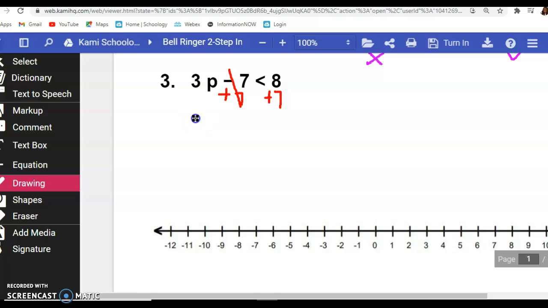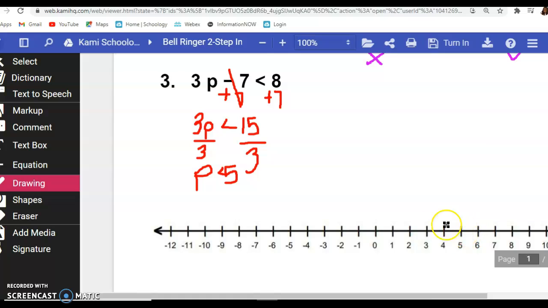So we know that these cancel, and we're left with 3p is less than 15. Okay? So we're going to divide both sides by 3. And we're left with p. Our sign stays the same. p is less than 5.